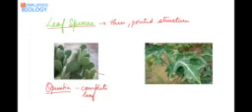These are the leaves that get modified into spines. They reduce transpiration and they even protect the plant from grazing animals.